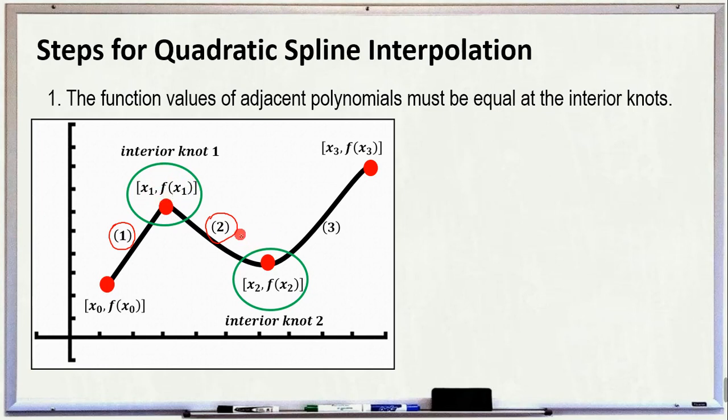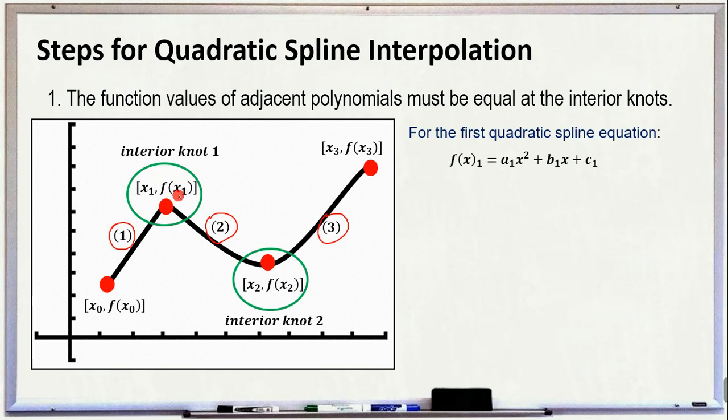And quadratic spline equations 2 and 3 also have a common interior knot, which is interior knot 2. This means that if you evaluate these two pairs of quadratic spline equations at x1, say for equations 1 and 2, you will arrive at the same value for y, and that is equal to f of x1.